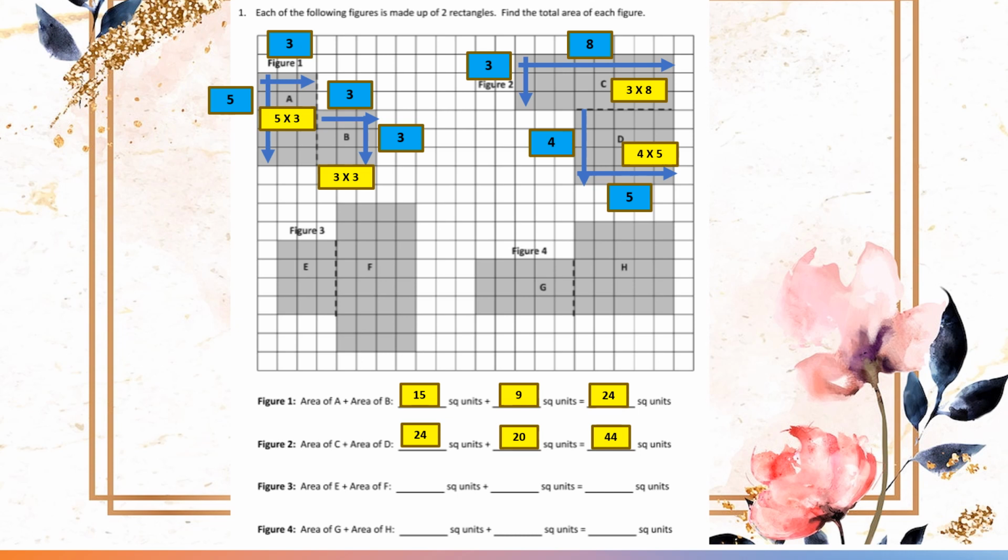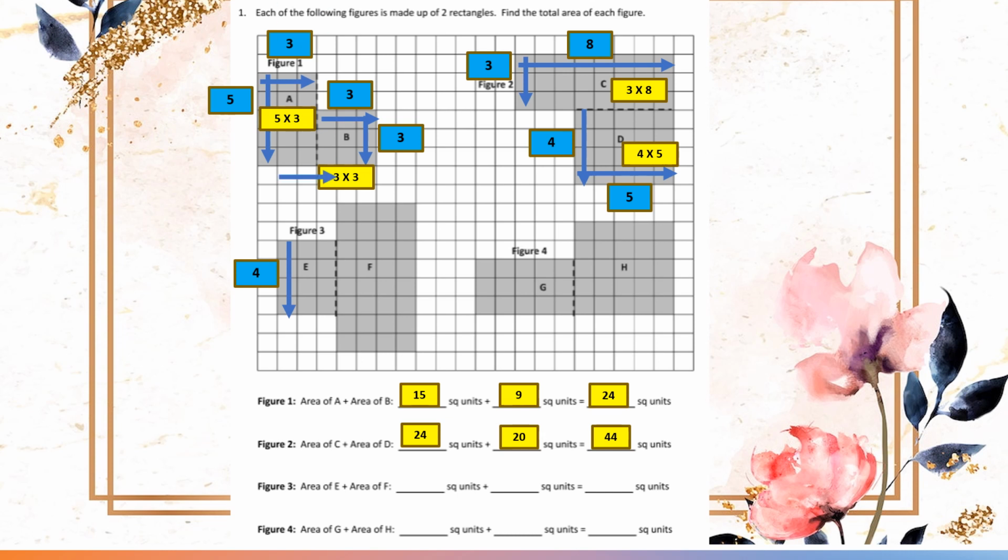Figure 3 is made up of rectangle E and rectangle F. Let's count the units that make up the length of rectangle E. 4. Rectangle E is 4 units long.